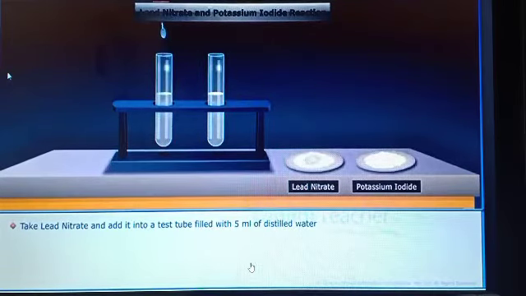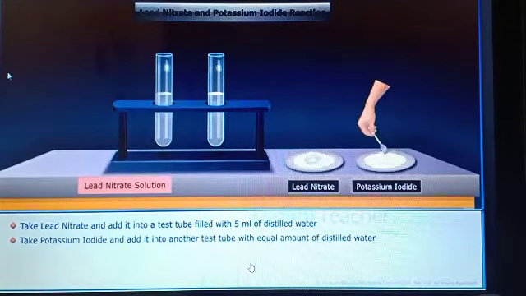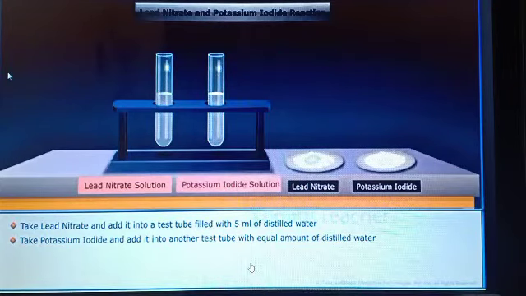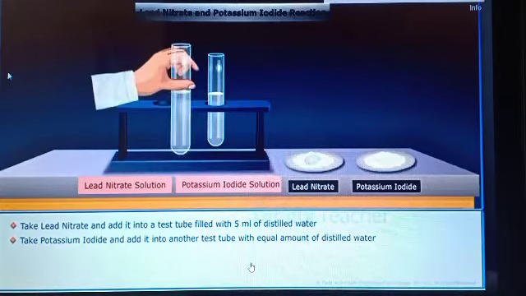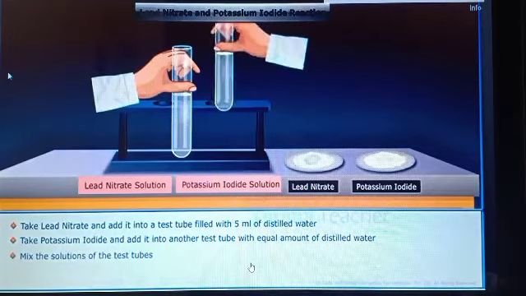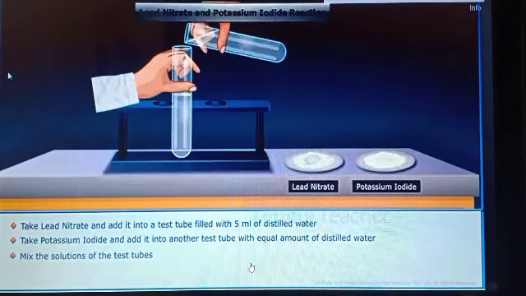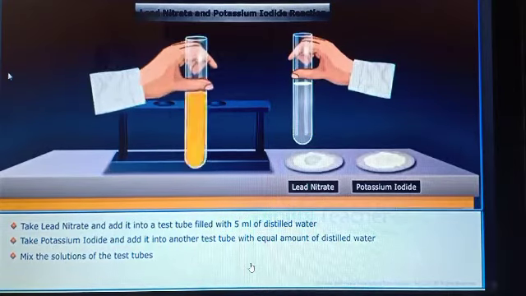Take lead nitrate and add it into a test tube filled with 5 ml distilled water. Take potassium iodide and add it into another test tube with an equal amount of distilled water. Now mix both the solutions in the test tube well and note down your observation.